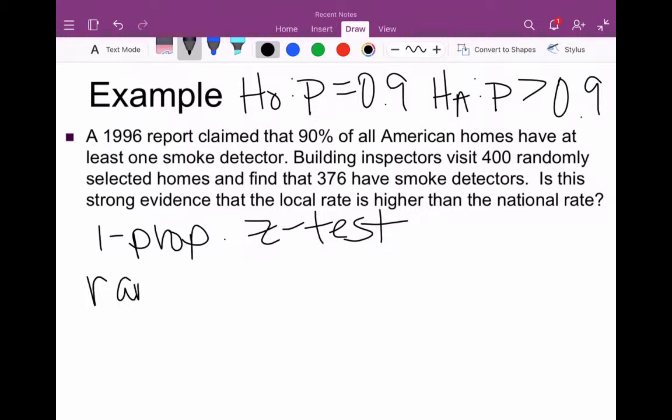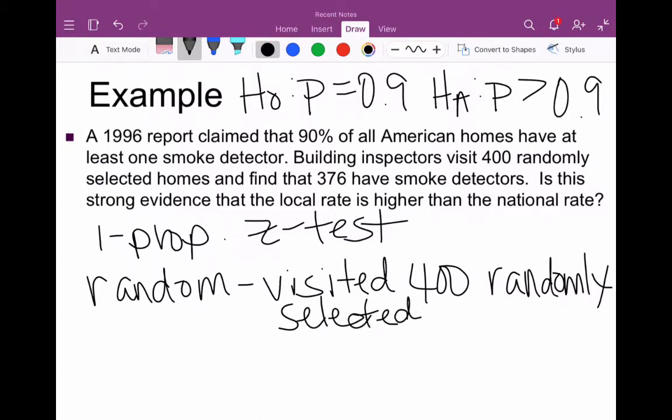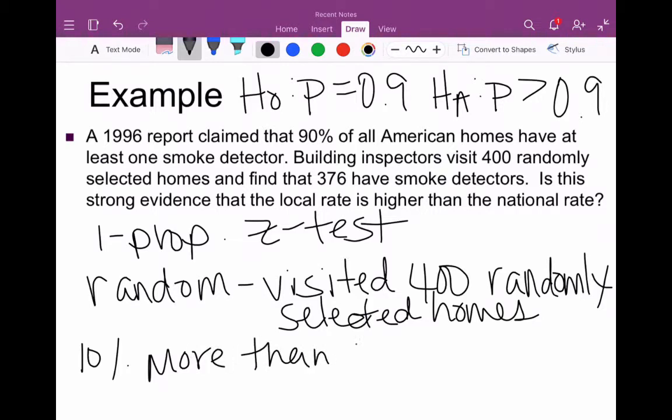So we have random, and it was stated that they visited 400 randomly selected homes. Our 10% condition, so there are more than 4,000 homes in the US.